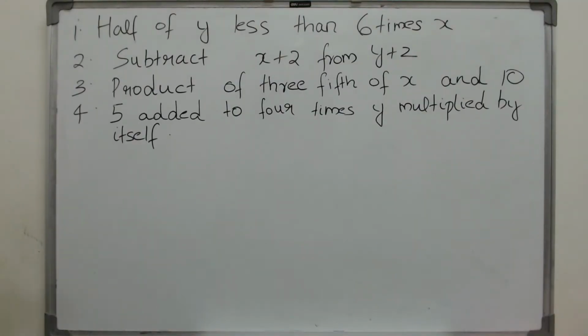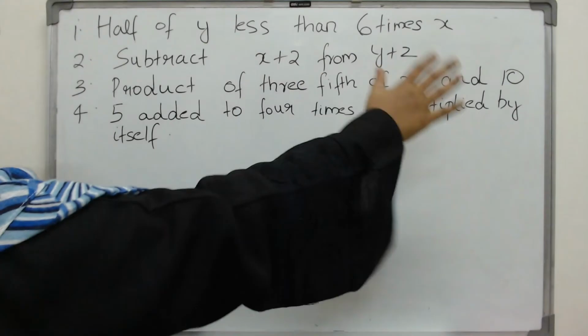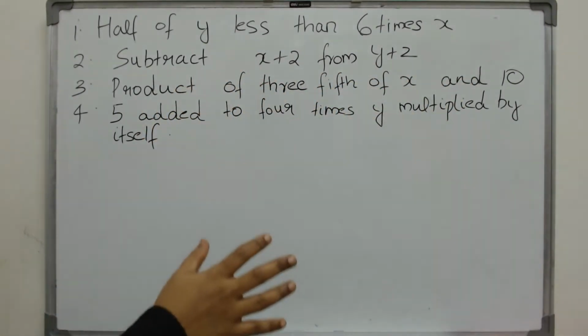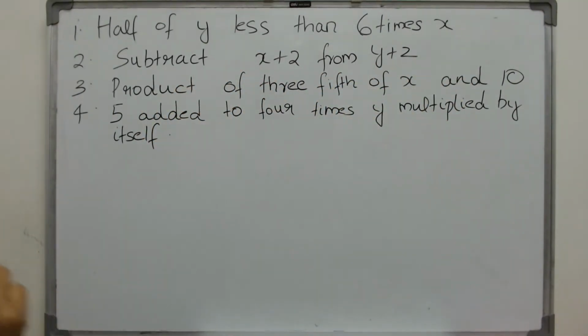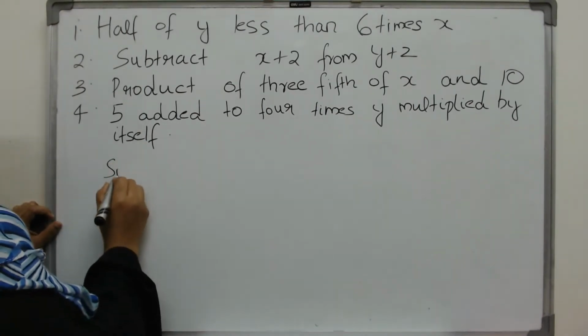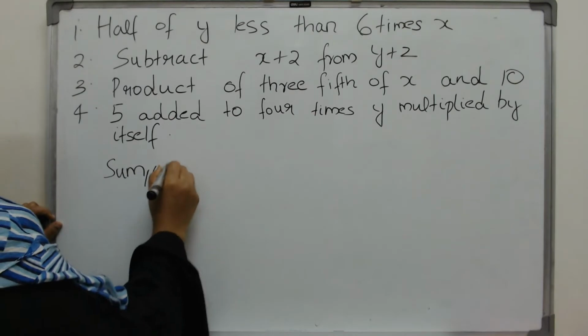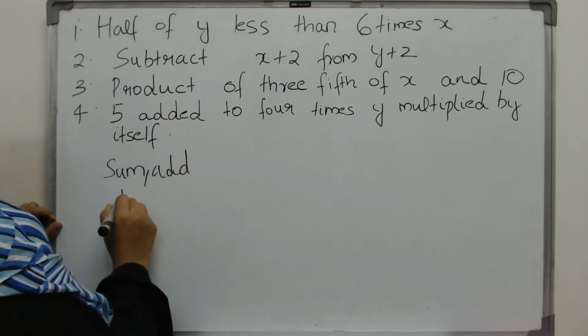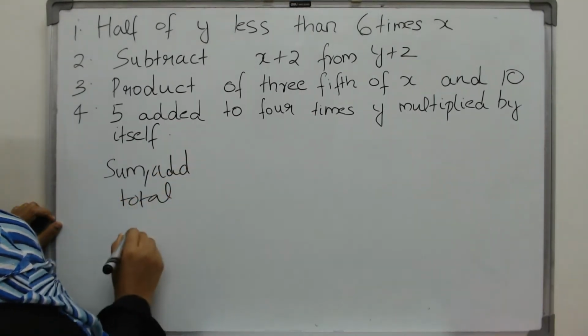Now let us see how to convert these statements into algebraic expressions. Now before I start, let me tell you one thing. Watch out for some keywords. Now the words like sum or add or total, all of that means plus.